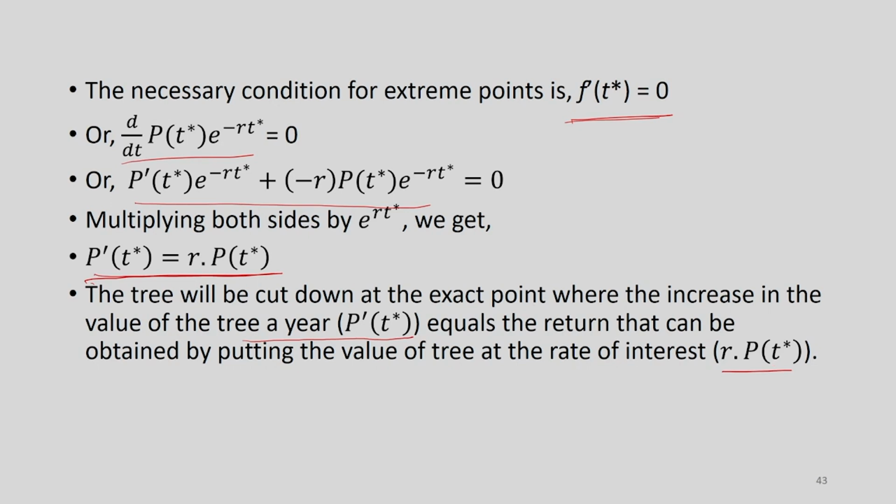P of t star is the current value of the tree, and R is the rate of interest obtained from it. So R multiplied by P of t star is the return from the interest rate, whereas P dash t star is the change in the value of the tree when t changes by a little. The left hand side should be equal to the right hand side.